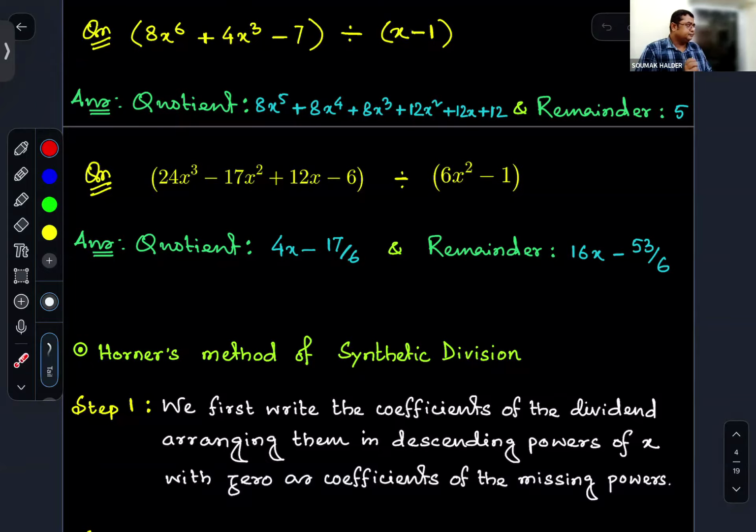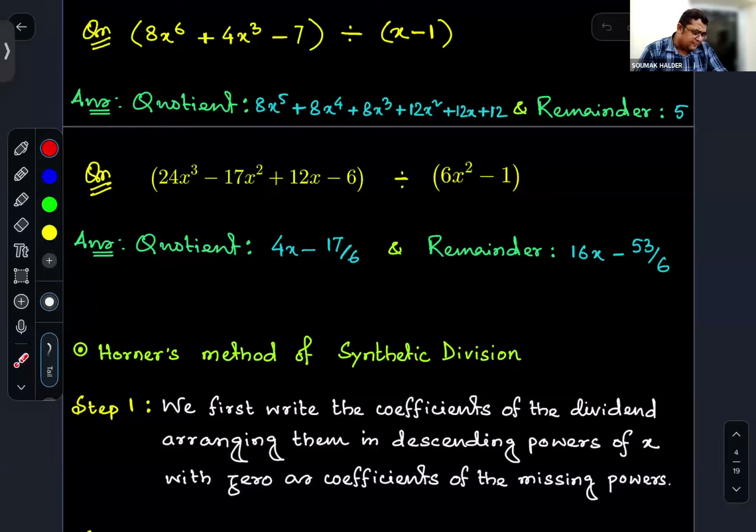Okay, so the first step is telling us to write the coefficients of the polynomial of the dividend one after another. In what order? We need to start from the highest degree term and go step by step, one after another, up to the least degree term. And in this process, if you find any of the intermediate degree missing, then mark 0 as the coefficient of that term.